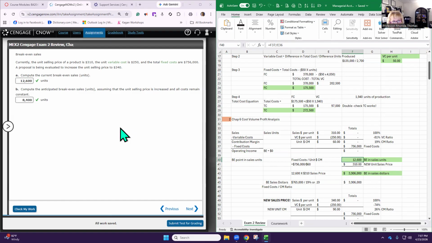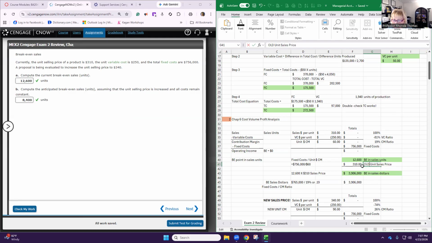And then if they ask, although they didn't, they could have put something here beside here. How much is that in break even dollars, right? So you would take the units you just found times the sales price. Okay, this is the old sales price. Okay, let me just put old here because I don't want you to be confused.